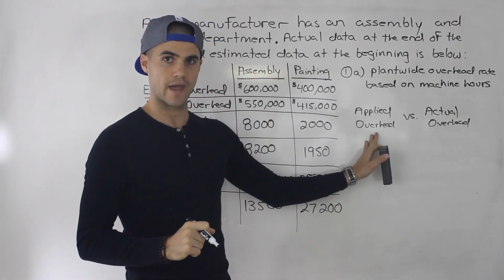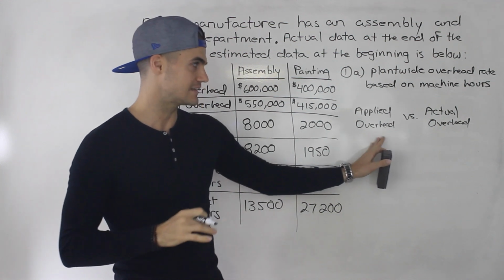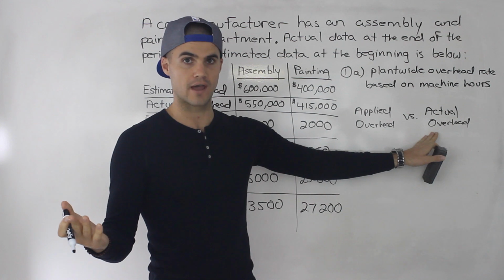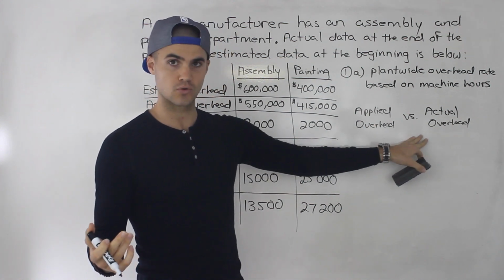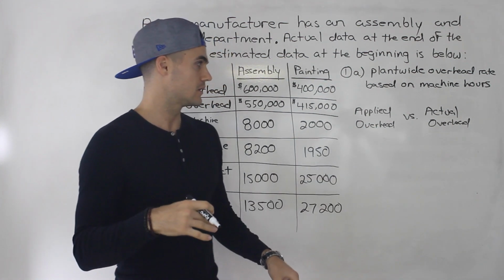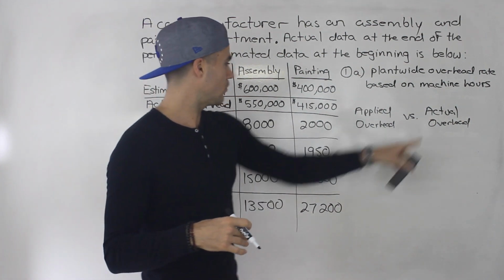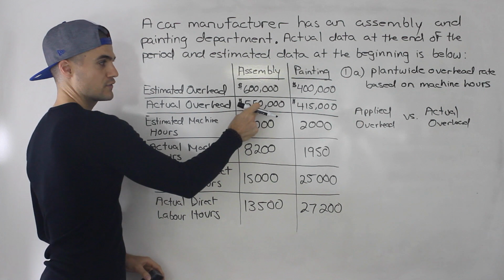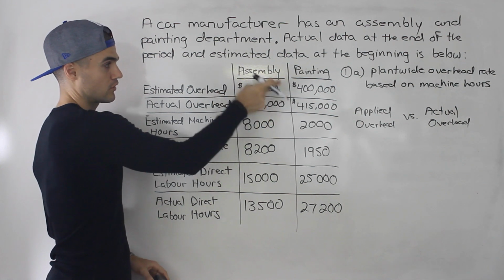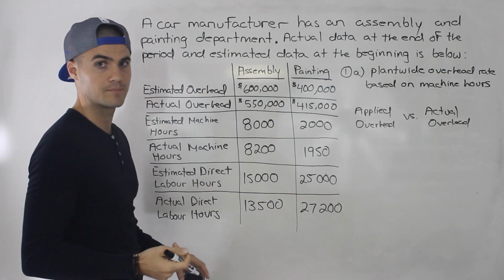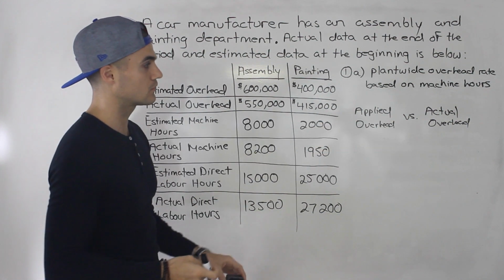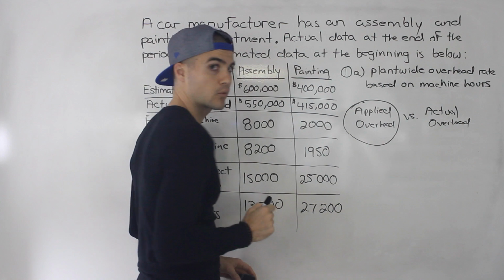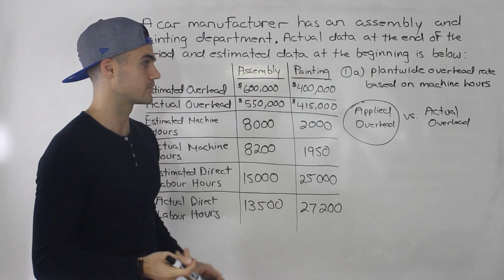If the applied overhead that we calculate is less than the actual overhead, then we under-applied overhead. Or if it's greater than the actual overhead, then we over-applied it. Notice that the actual overhead we already have for both departments here: the $550,000 for the assembly department, the $415,000 for the painting department. So we don't necessarily have to worry about the actual overhead. It's the applied overhead that we're going to have to calculate.